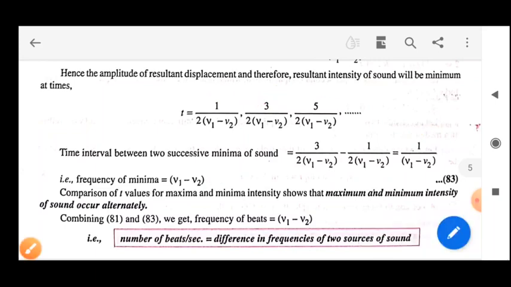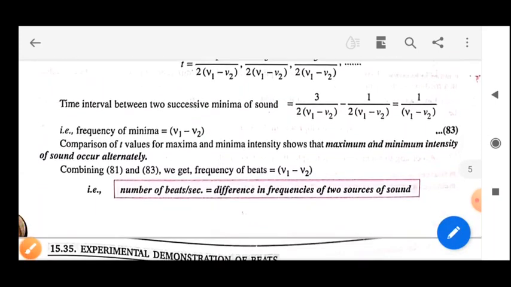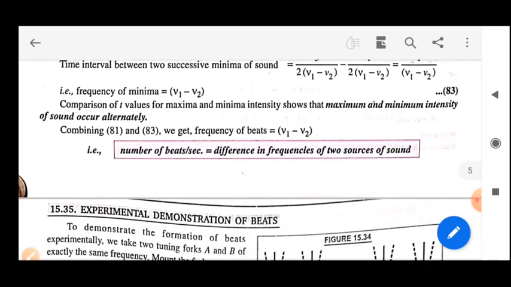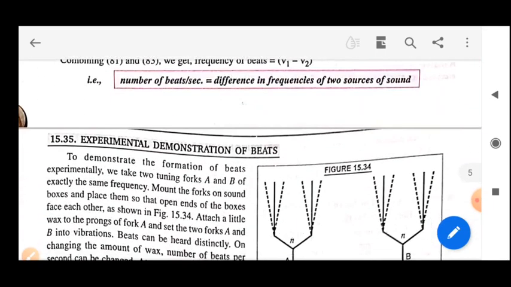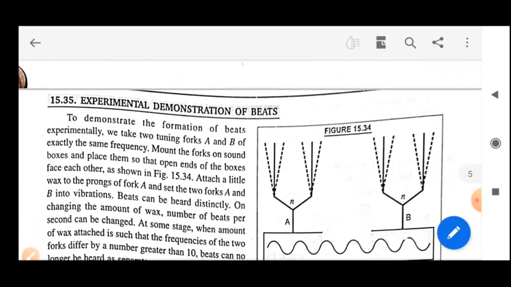So the comparison of t values for maxima and minima shows that maximum and minimum intensity of sound occur alternately. Alternate means once we have got the maximum intensity, then again we will get minimum intensity. I think up to now the beat phenomenon is clear.